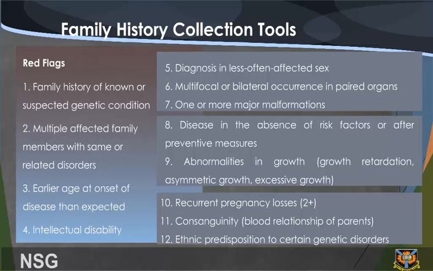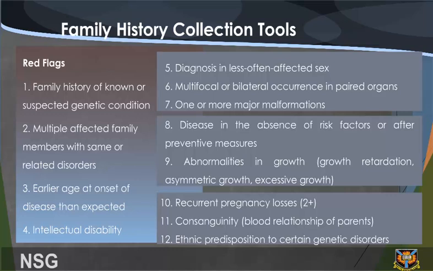Intellectual disability. 5. Diagnosis in the less often affected sex. 6. Multifocal or bilateral occurrence in paired organs. 7. One or more major malformations. 8. Disease in the absence of risk factors or after preventive measures.